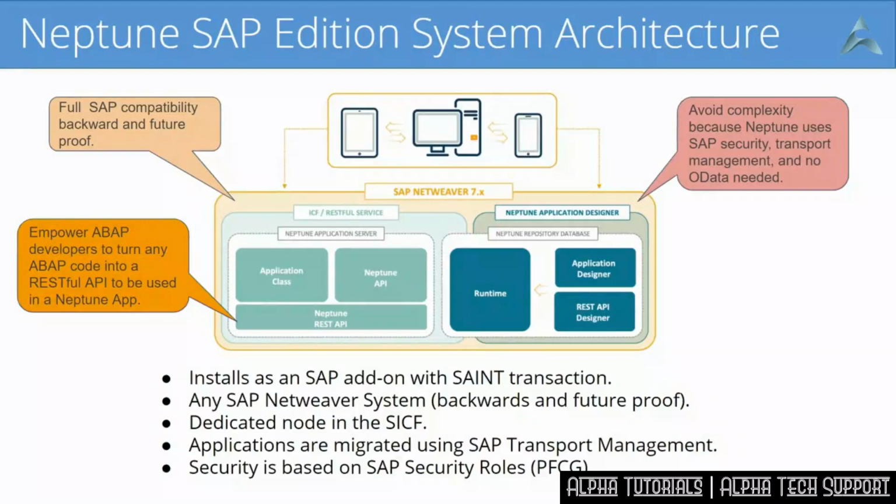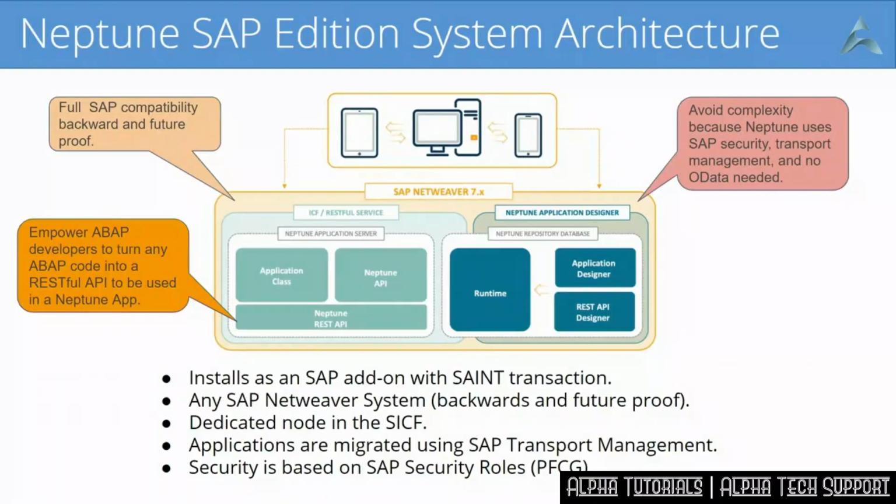So I mentioned OData earlier, I think in the last video. OData and the SAP Gateway, for that matter, is how the front end and back end communicate with each other in Fiori. Because Neptune is installed directly on the NetWeaver stack, because it uses the native SAP ABAP language, it does not require OData.